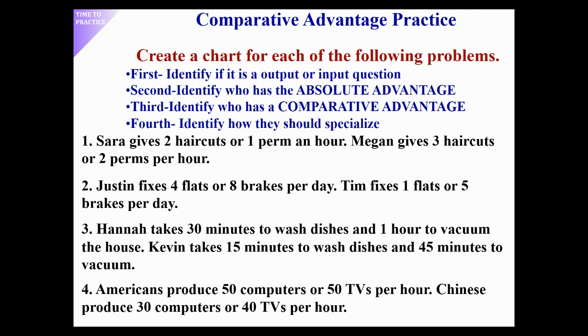So Sarah gives 2 haircuts or 1 perm in an hour. Megan could give 3 haircuts or 2 perms in an hour. So who has absolute advantage, who has comparative advantage? If you want to take the time, pause this and practice. But I'm going to keep going to some other practices here so we can get through, because there's quite a few more to do and this video is getting long.